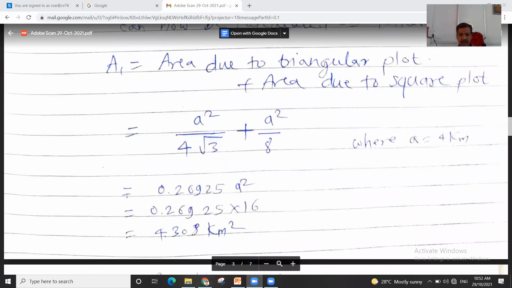Then we get A1 by solving this equation. We get the value, the total area we get A1.